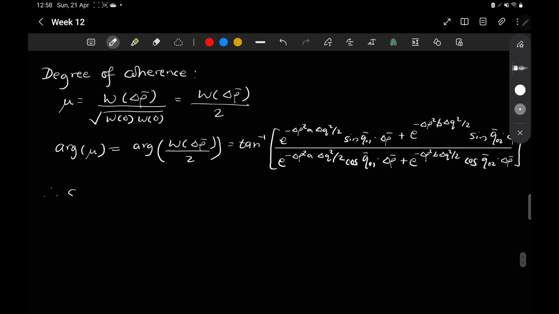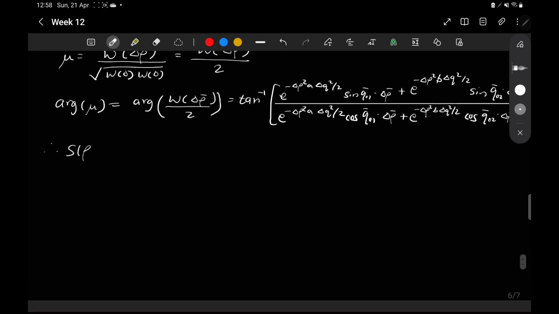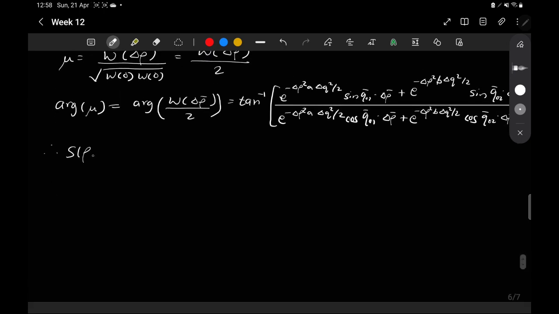So therefore the output intensity is the following.